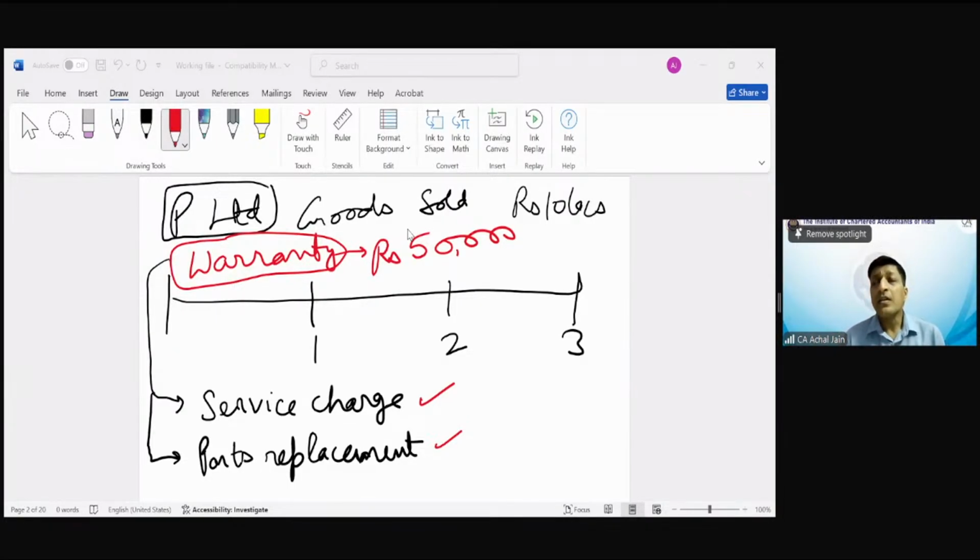So in that case, do you think the shopkeeper or the vendor can be certain that because the guarantee is attached, this mobile phone will definitely require some repair, and that the customer will definitely come to me within a period of 1 year? Do you think it's possible? You tell me. Very rare chance, because the product is new, it's a very rare chance that it will get damaged.